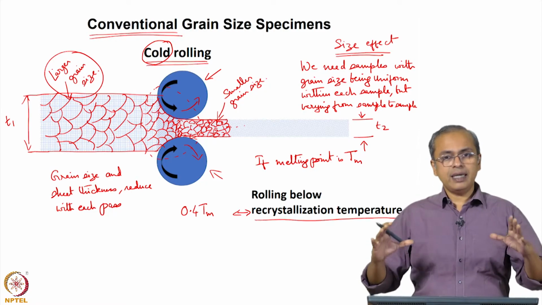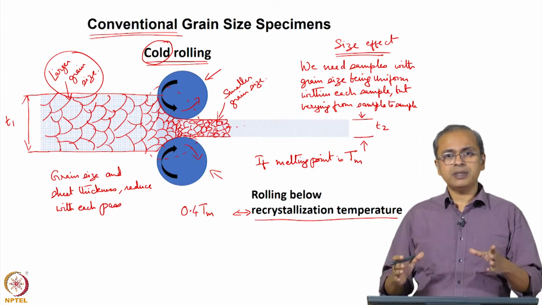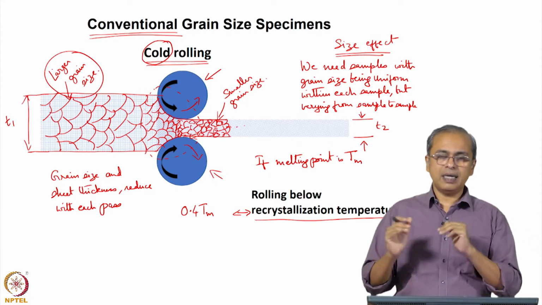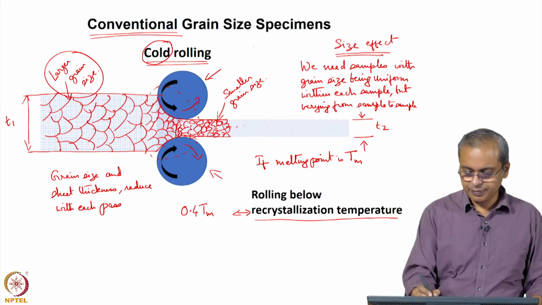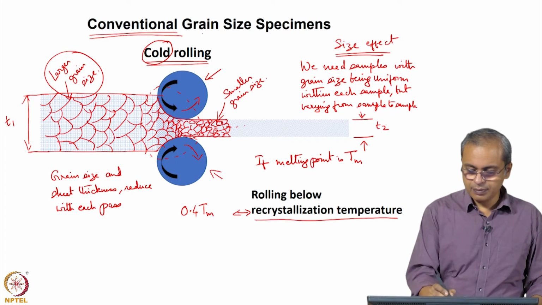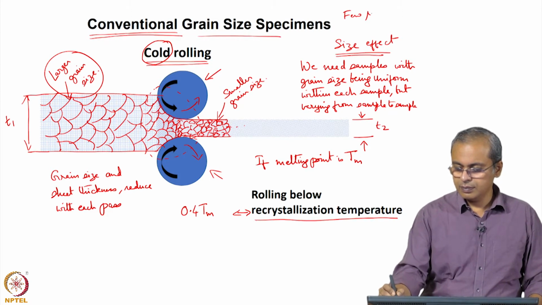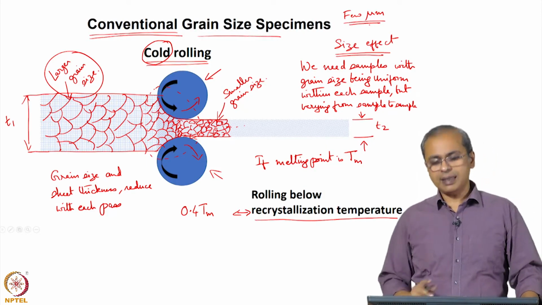So, this is the experimental process for getting ourselves some samples with known grain size, but in a relatively larger regime of grain sizes, of the order of few microns. So, few micrometer sized grains is what you are looking at, some range there.